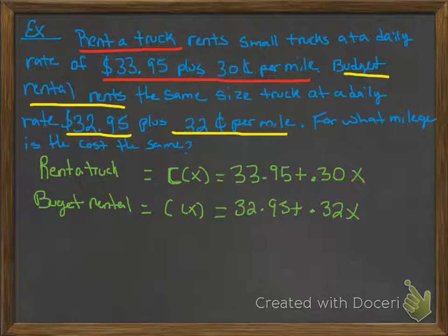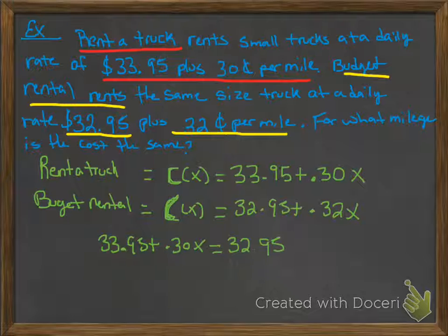And what we're really looking at here is, when are these two exactly the same? Well, I have them both set equal to C of x, which could also mean y, so I can set them equal to each other: 33.95 plus 0.30x is equal to 32.95 plus 0.32x. Subtract 32.95 and subtract 0.30x.